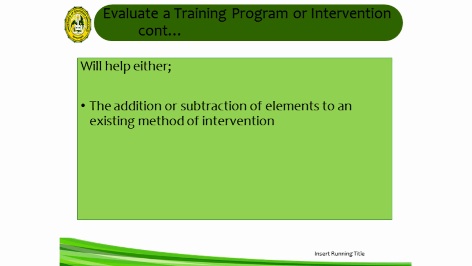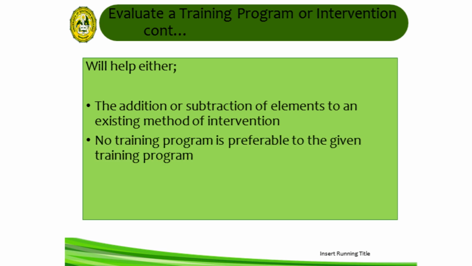So, of course, in testing, we will identify what elements should be added or subtracted to the existing method that we have for intervention that will fit a specific purpose or a specific situation we are in, so that it will help us improve the intervention that we will give. It will be effective and efficient for someone who will receive the intervention. And lastly, no training program is preferable to a given training program. It will help us identify if there is really a need for a program or not.